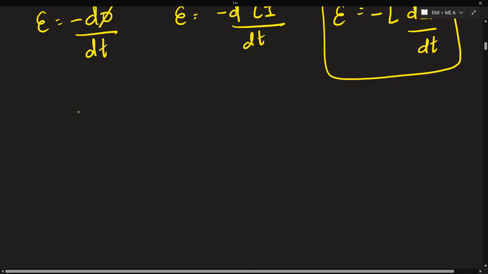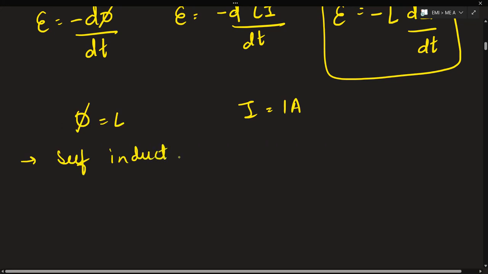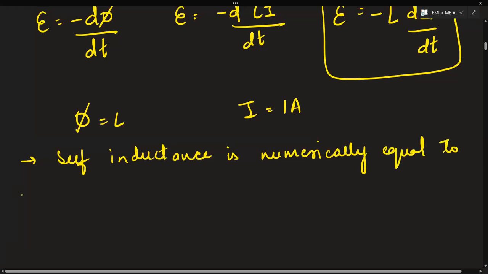Now how will you define it? If you put current as 1 ampere, then flux will be equal to L, self-inductance. So this definition: self-inductance is numerically equal to the magnetic flux. This is how you can define it.